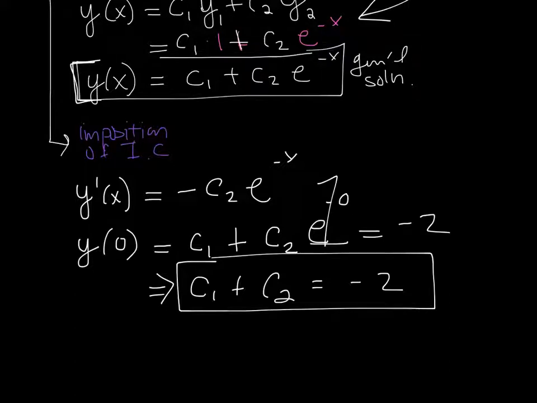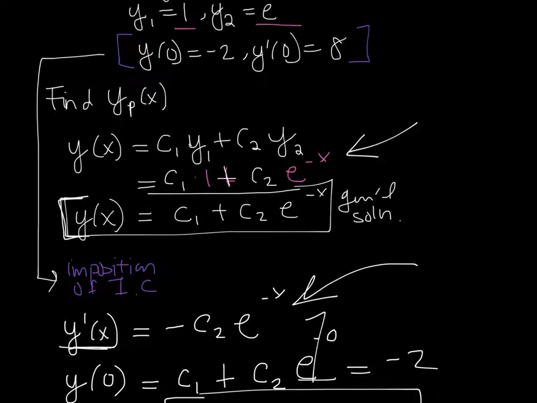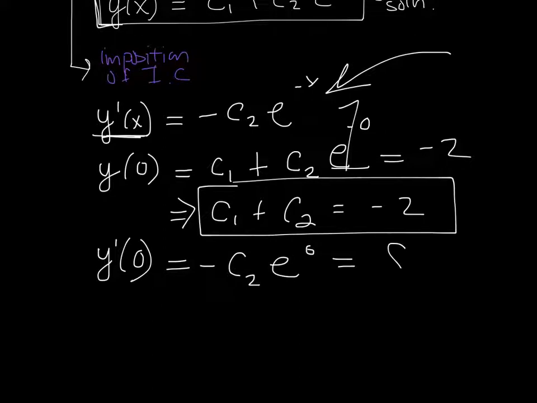And now we can impose our second initial condition, y prime of 0. I'm going to be using this expression because I'm working with a derivative. And we get negative C2 e to the 0, and that gives us, I think it was 8. And this implies, again, this is just a big 1, negative C2 equals 8.